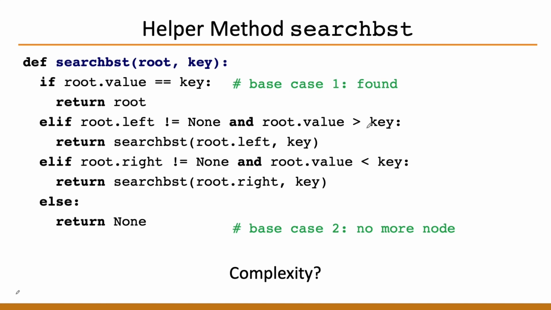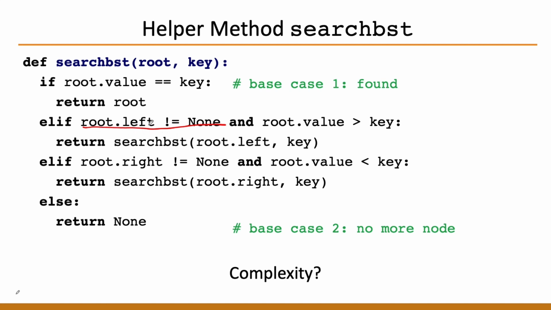So this is the case that we talk about. Because the key is smaller than the root value, the key must be on the left-hand side. And the first check is crucial, because unless you actually have a valid left tree, you cannot do a recursion to the left-hand side.